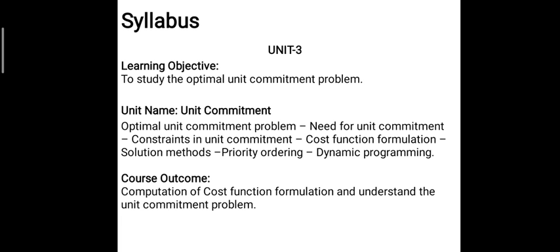There are many constraints in unit commitment, like spinning reserve constraint, thermal unit constraint, minimum uptime, minimum downtime, crew constraint, startup cost, hydro constraint, must run constraint, and fuel constraints.